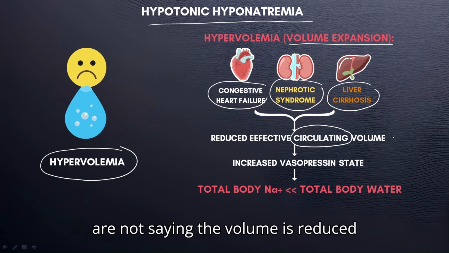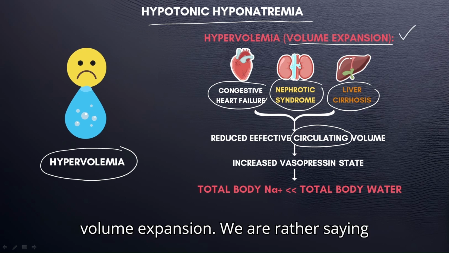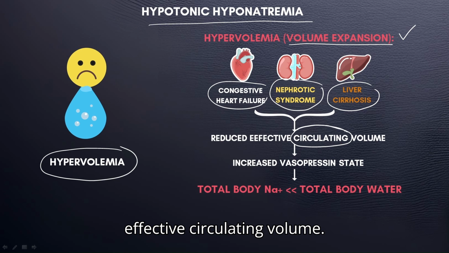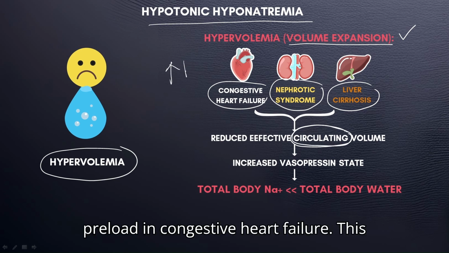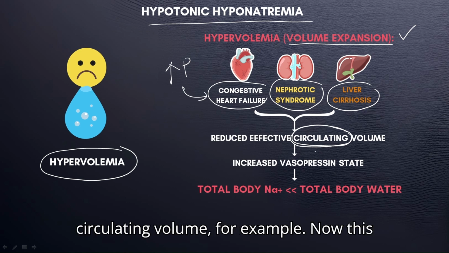We are not saying the volume is reduced, because we do understand that there is a volume expansion, but we are rather saying that there is a reduction in the effective circulating volume. For example, there is an increased preload in congestive heart failure. This is a reduction in the effective circulating volume, for example.